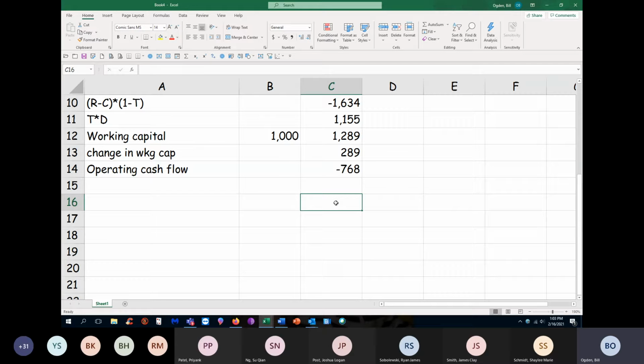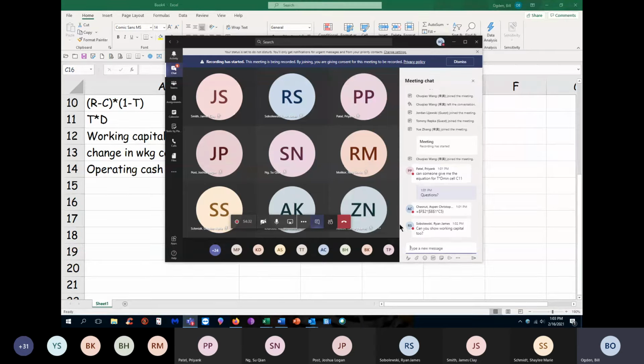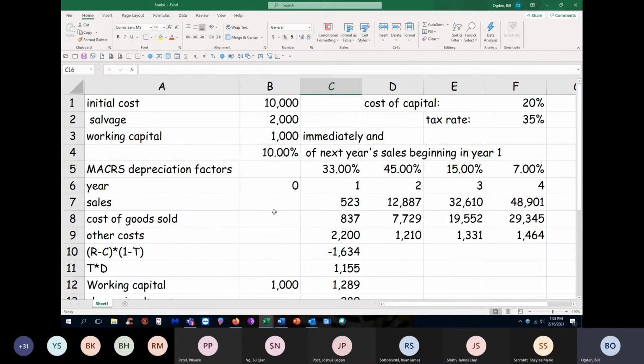Oh, I got it. And I think something else I was supposed to answer there. Let me look. Oh yeah, working capital. Let's do that one too. Working capital. Okay, so working capital, this is given. That's the initial amount of working capital. So that will be sufficient working capital to support operations in year one.